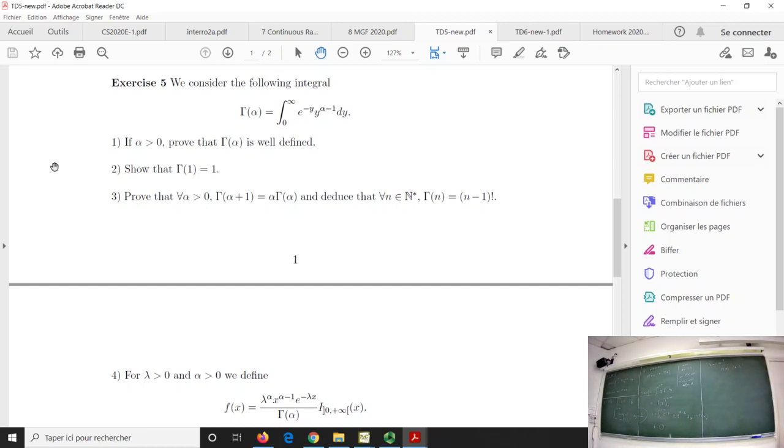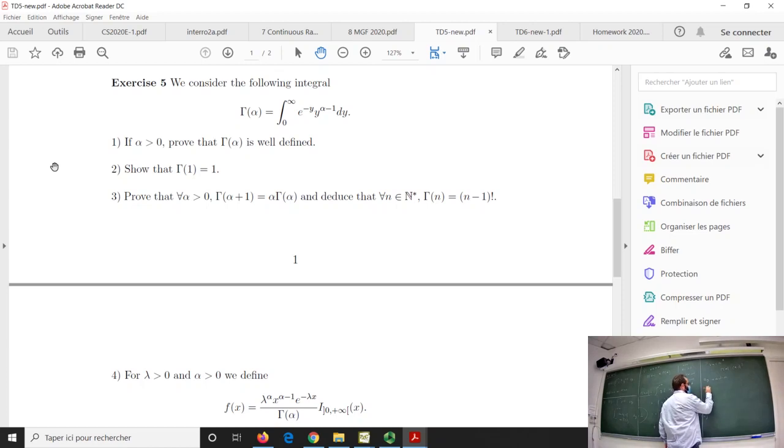Because I have a property to prove for all n belonging to N star, an induction reasoning can help us do this in a clear way. So by induction. What is the first step of my induction? I have to see what happens for n equal to 1, because n belongs to N star.